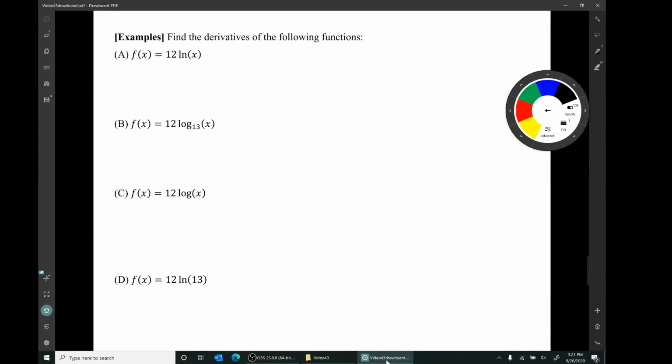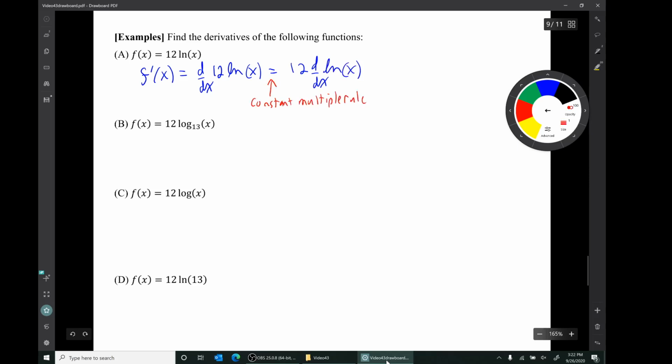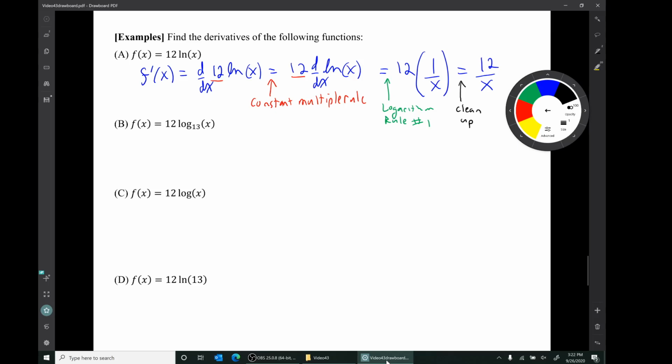Example A. Find the derivative of f of x equals 12 ln of x. So you see that even though we know these new rules, our derivative calculation begins with one of our old rules.